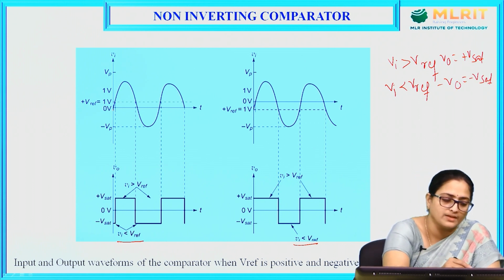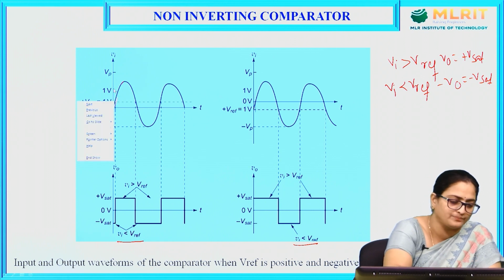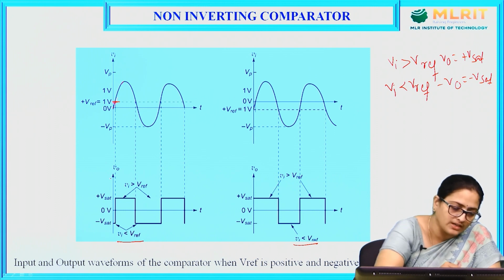Let this be the input voltage Vi, which is a continuous input signal. Till here Vi is less than V reference, so it shows minus Vsat.